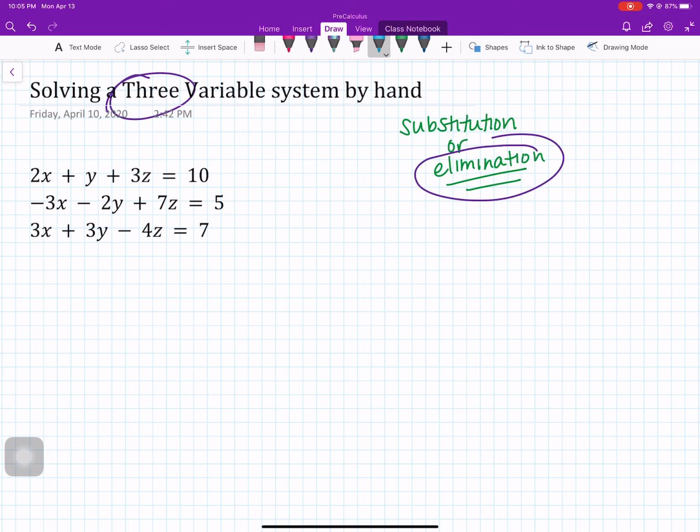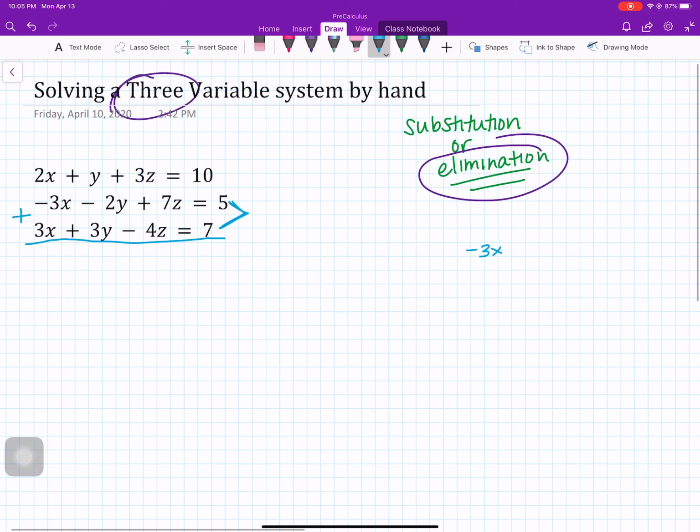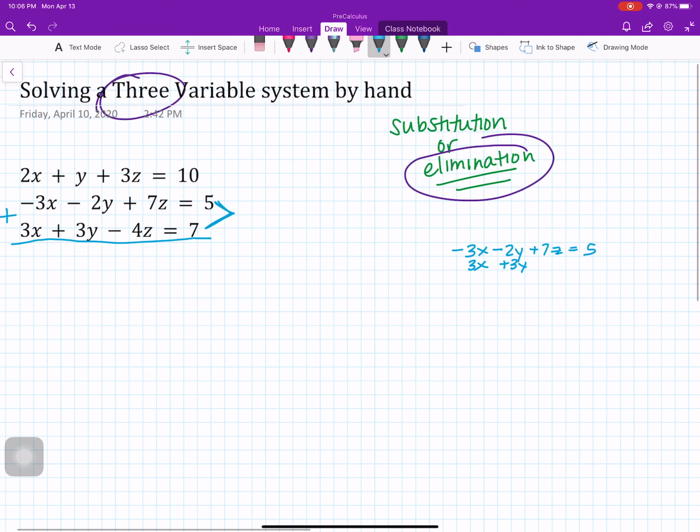And I see right away, if I look at the bottom two, I have a negative 3x and a positive 3x, which means if I add these two equations together right now, in fact, I'll write that over here just so we have it as a reference, negative 3x minus 2y plus 7z, and then I have 3x plus 3y minus 4z equals 7.